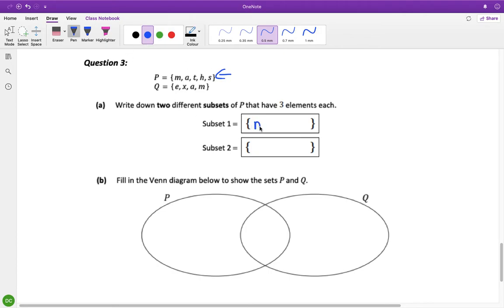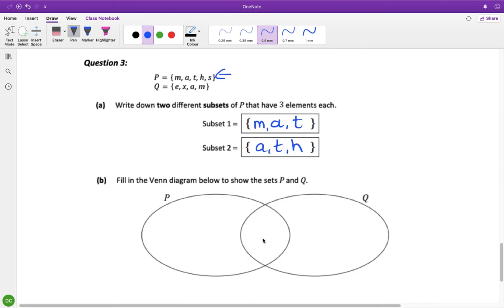I can do M, A and T, and I could do A, T and H. You can pick any of the letters, M, A, T, H or S, but you can't repeat. Pick three of them and put them in a bracket and you'll get that right.